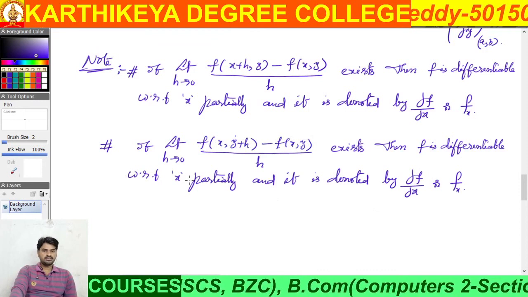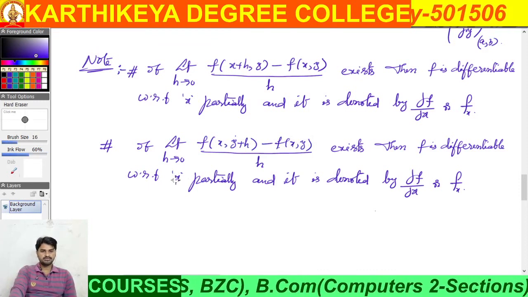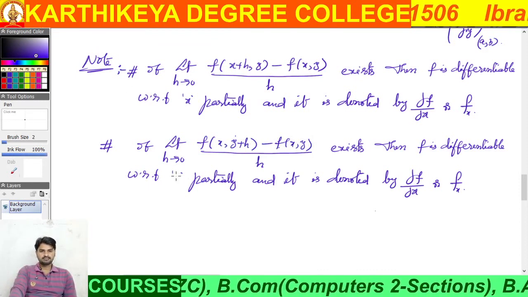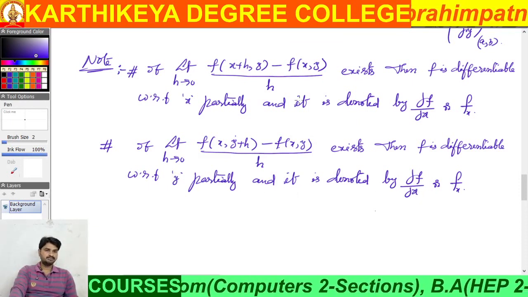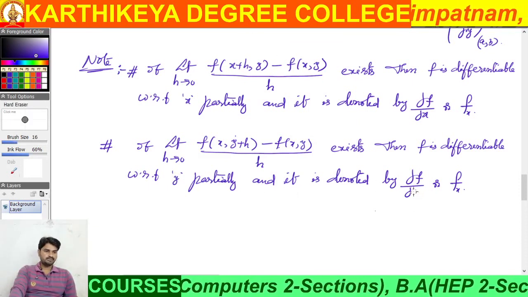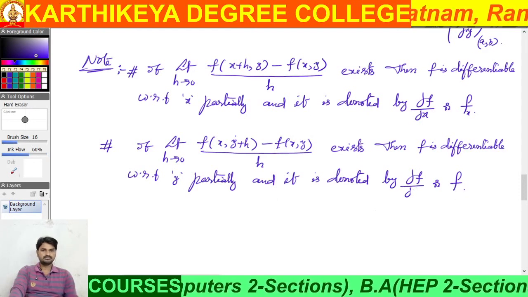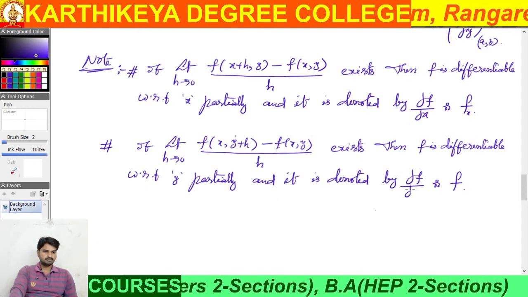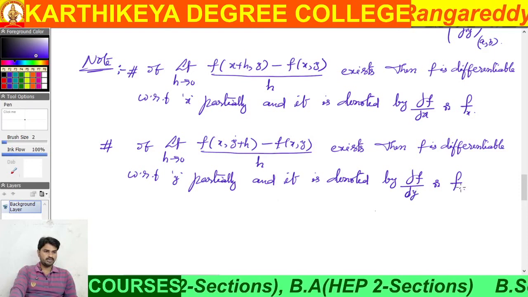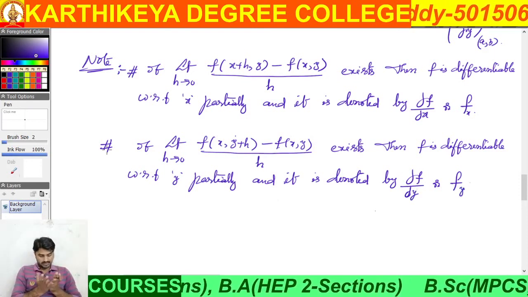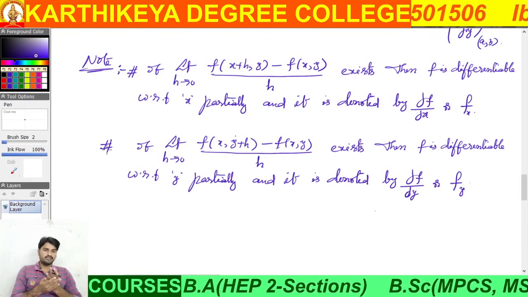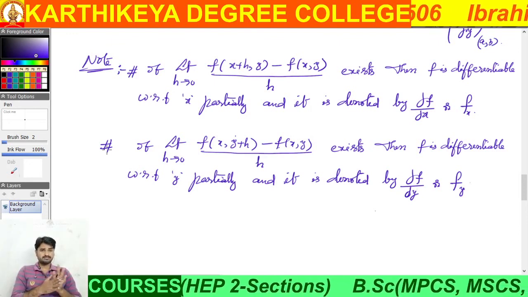Then f is differentiable with respect to y partially, and it is denoted by dou f by dou y, and f sub y. Okay, so these are the definitions of partial differentiation, students.